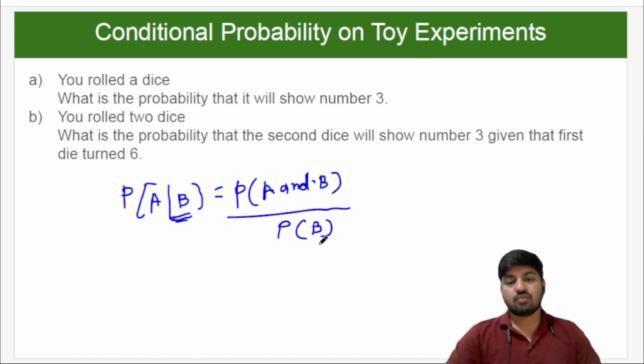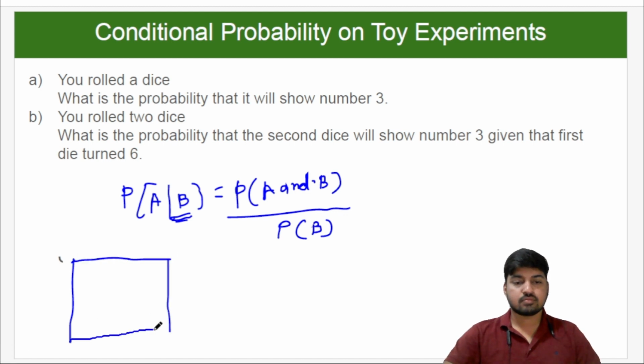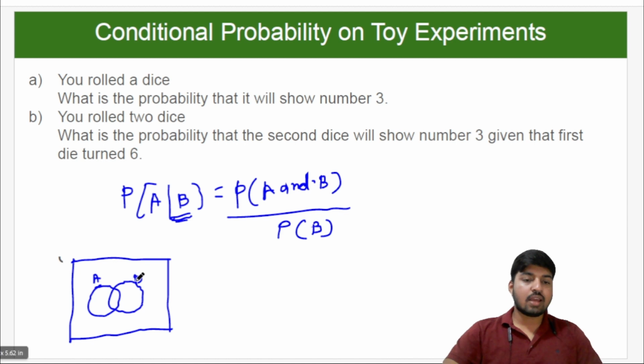See, this formula is actually very relevant to the Venn diagram. So what I'm asking is that the event B has already happened. What is the probability of event A happening?